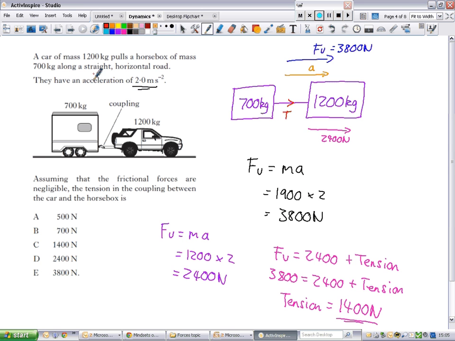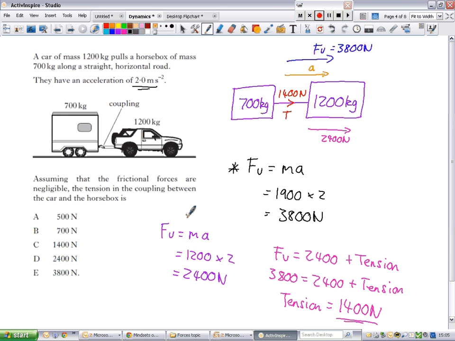So now we've got 1,400 newtons acting here as a result of the tension, and 2,400 newtons that this object on its own is creating, and both of those add up to your unbalanced force of 3,800. So in any of those situations, first of all, calculate the unbalanced force acting on both objects.